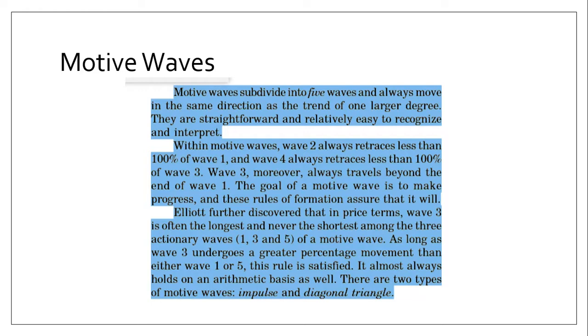So motive waves subdivide into five waves and always move in the same direction as a trend of one larger degree. They are straightforward and relatively easy to recognize and interpret. So they are always subdivided in five waves. This draws us back to the five wave pattern, and they're very easy because they follow the trend of the larger degree. So what do I mean?